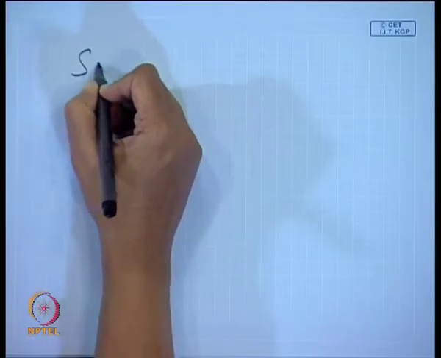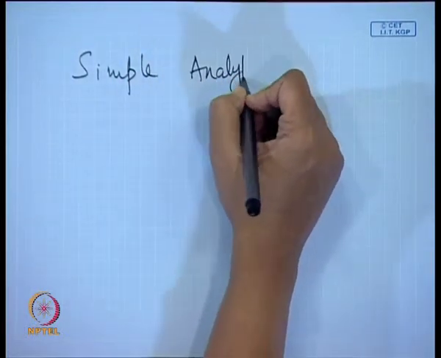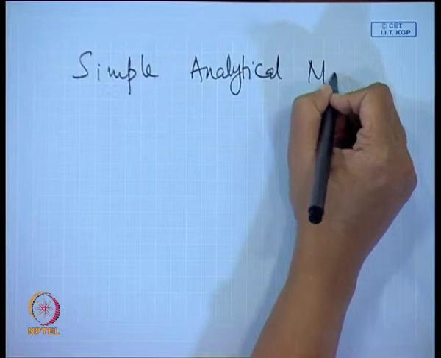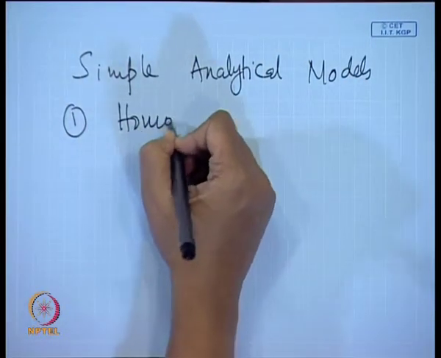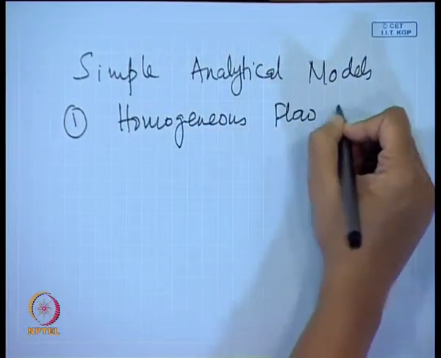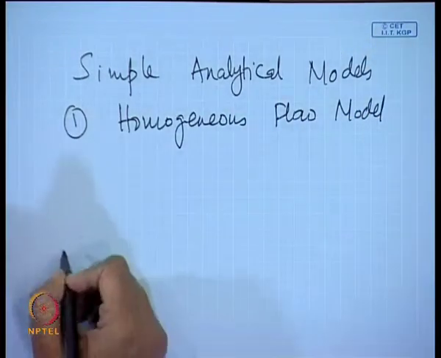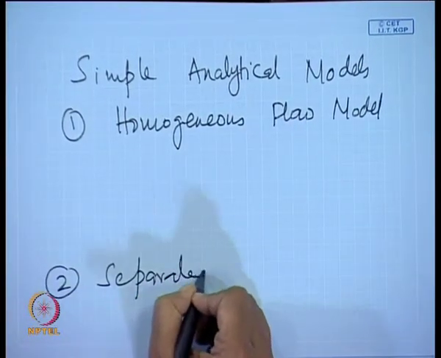Accordingly, the simple analytical models include, one is the homogeneous flow model, and the other extreme we have is the separated flow model.